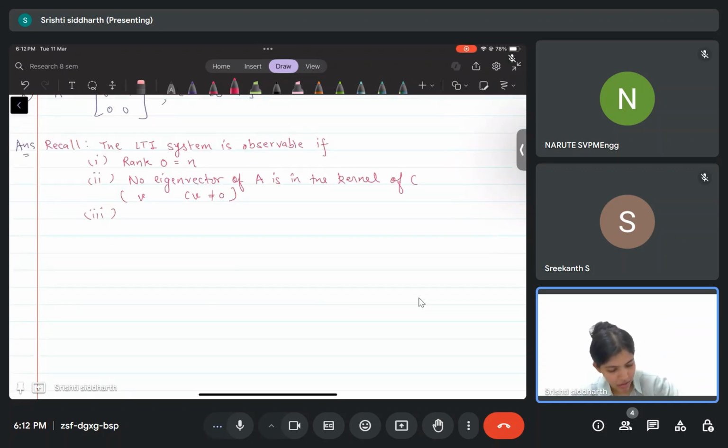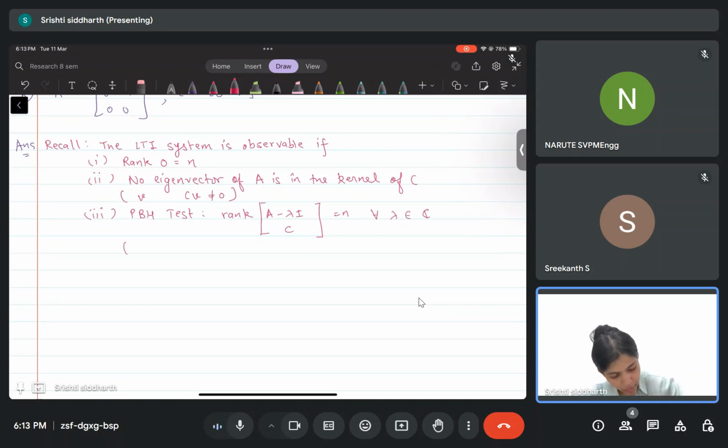Third is the PBH test, which states that the rank of the matrix A minus lambda I, C equals n, for all eigenvalues, which are complex.